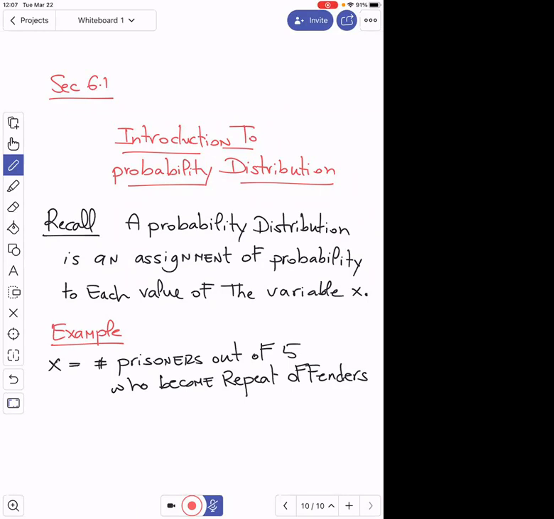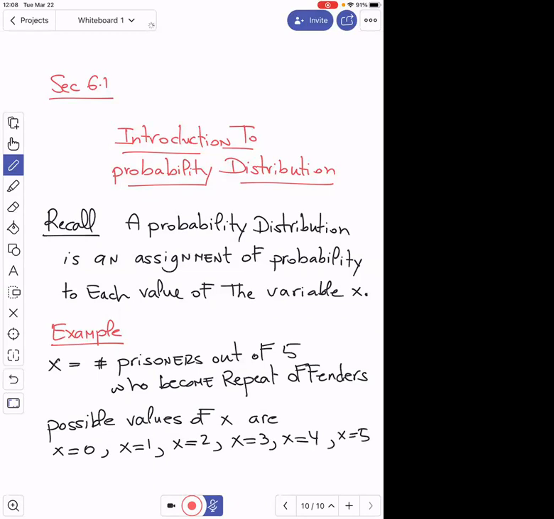The possible values of x are 0, 1, 2, 3, 4, and 5.